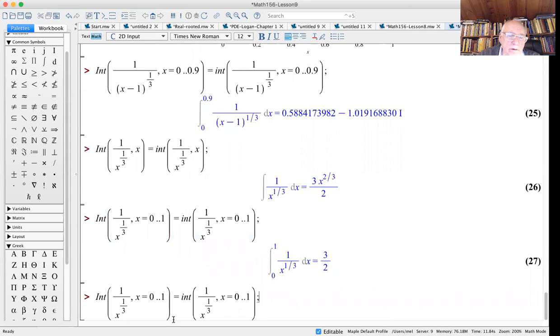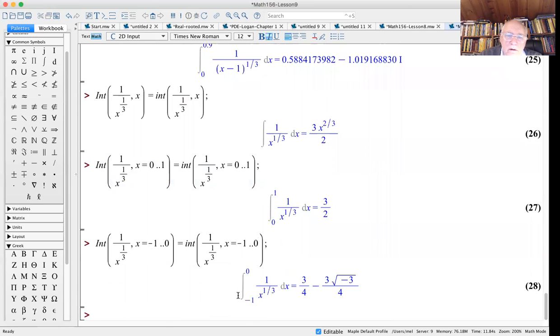Let's see what would happen if we integrated this. I think the problem is that Maple just doesn't like these improper integrals for negative numbers. Oh, no, it has no problem with that. But this is complex, right? Square root of -3. So Maple just doesn't like these negative numbers.